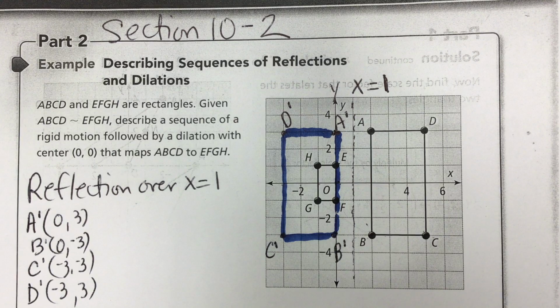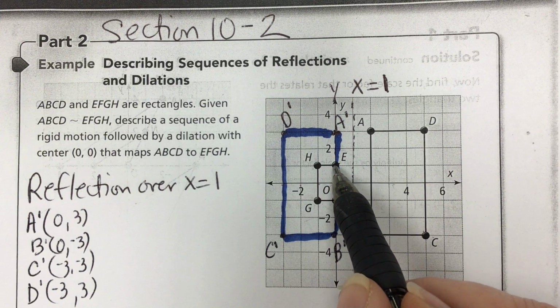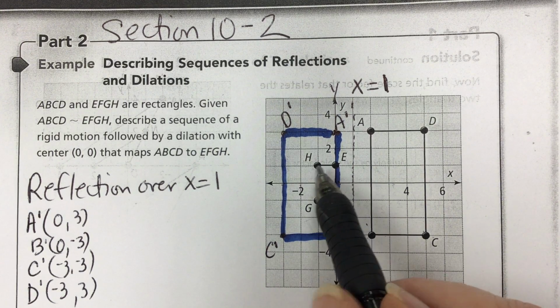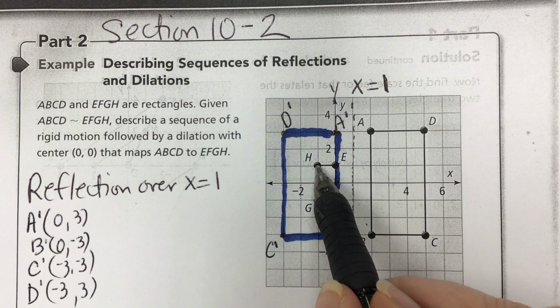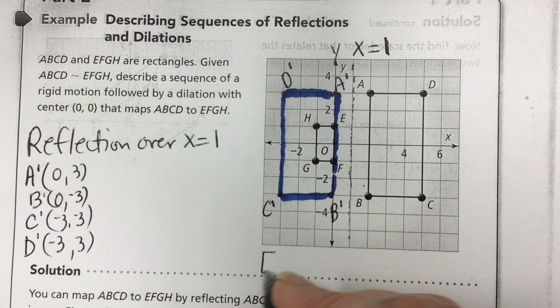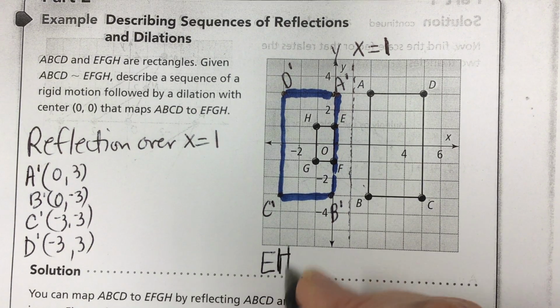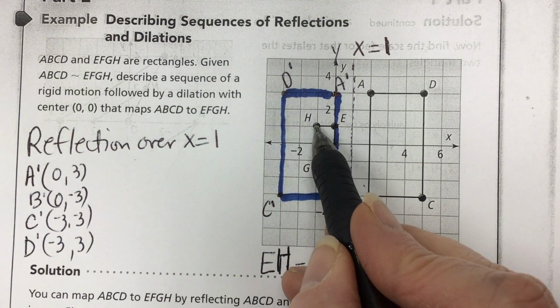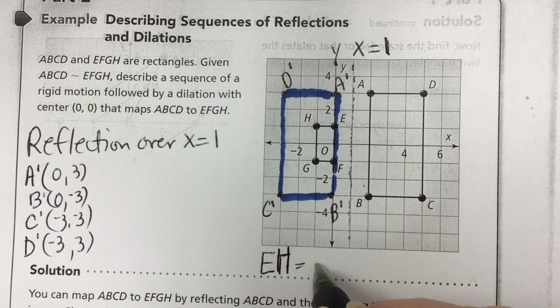Now, what we can also do is look at the distance between E and H. E to H is 1.